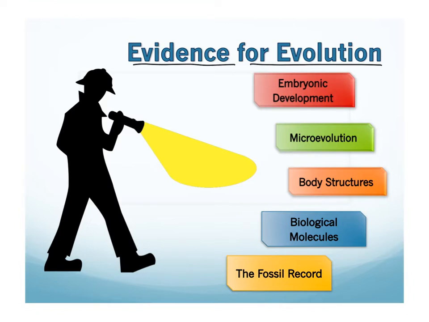His evidence really came from the fossil record. There were fossils that Charles Darwin had noted that looked different than the animals that are here today. But what Charles Darwin didn't realize was that there were other pieces of evidence that proved evolution to be a valid theory.